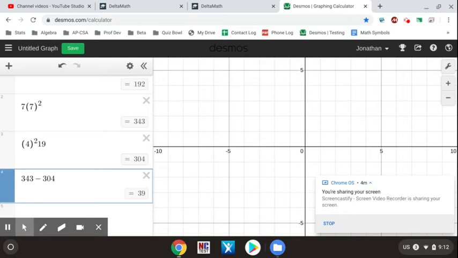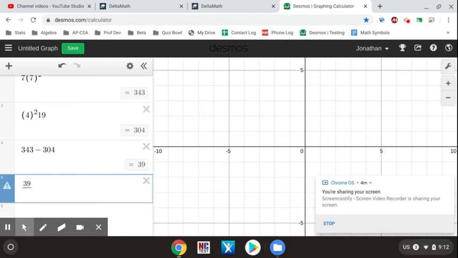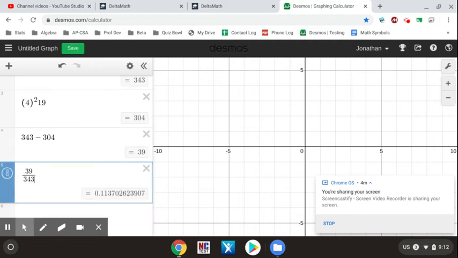Now, anytime I do a percent, what I basically need is what I'm talking about. And this time it's the amount of water left in the tank, the 39, divided by the total amount of water in the original volume of the tank, which is 343. So a percent is always what I'm talking about, the 39 compared to the total amount.